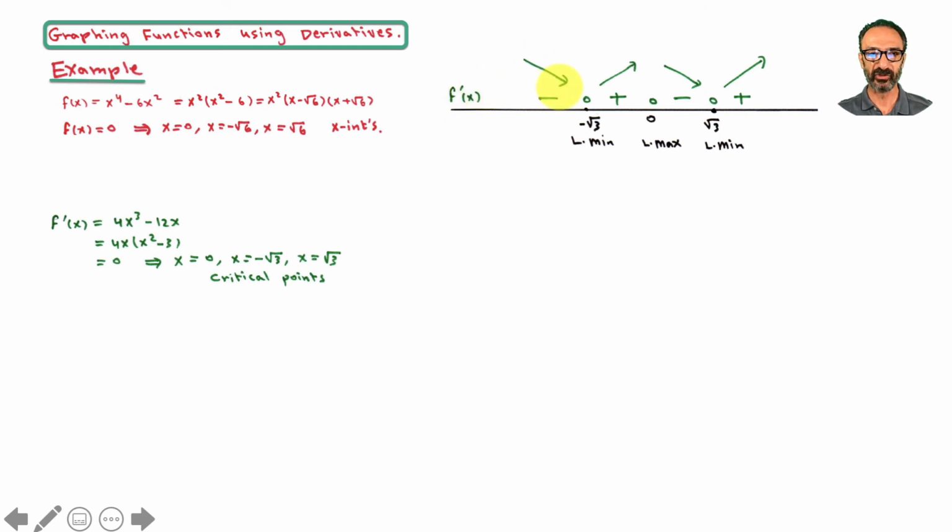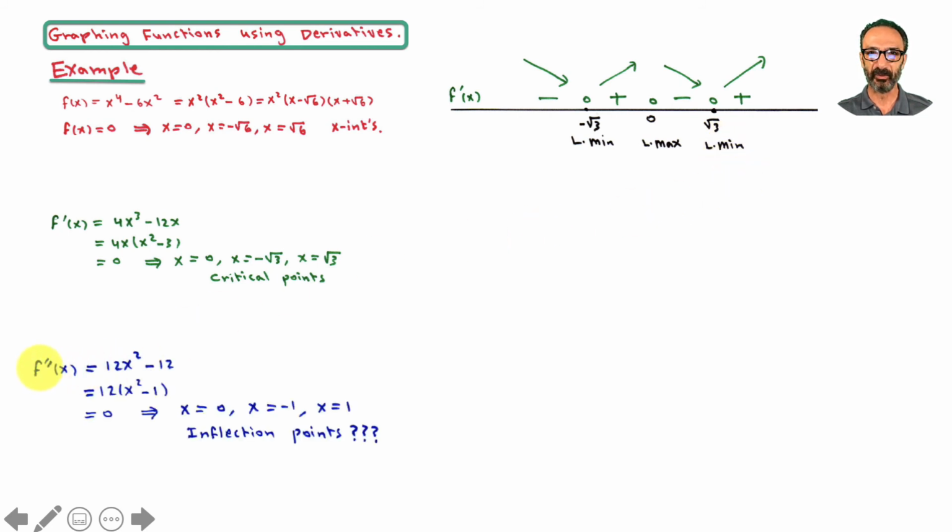That's my original function. Positive means f is increasing, negative means f is decreasing, and positive means f is increasing. Which means we have a local minimum here. Increasing, decreasing, we have a local maximum. Decreasing, increasing, we have a local minimum.